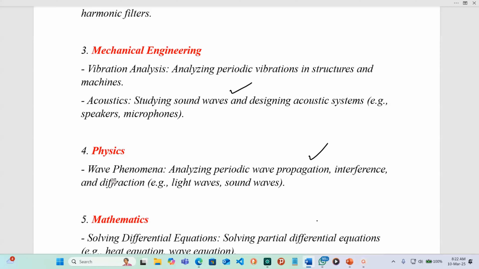So in physics, we look at the application of the Fourier series in analyzing periodic wave propagation, interference, and diffraction. Here we are discussing light waves and sound waves.